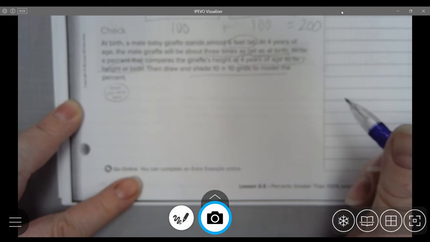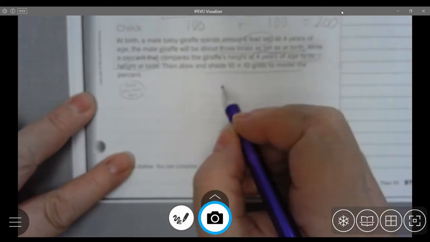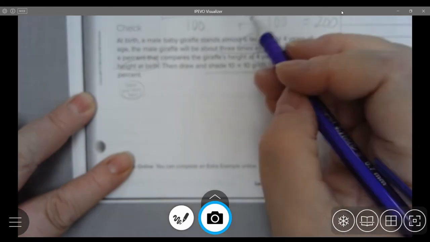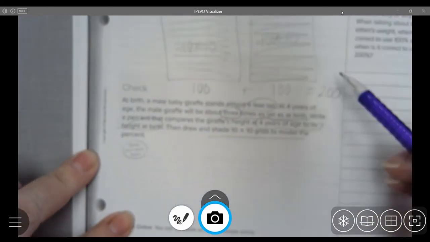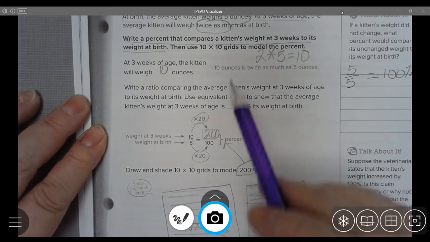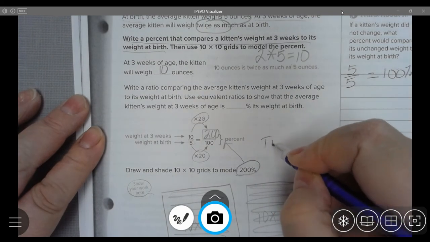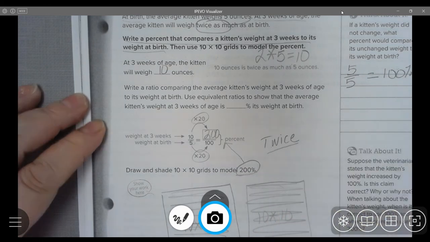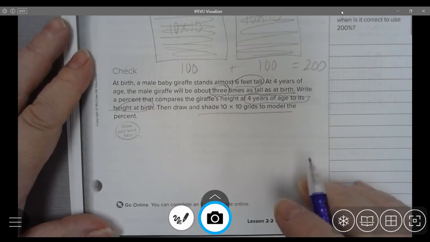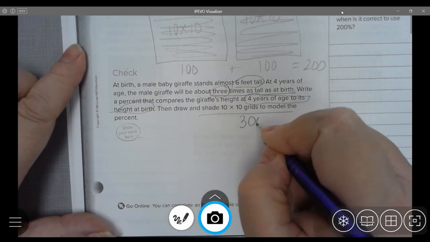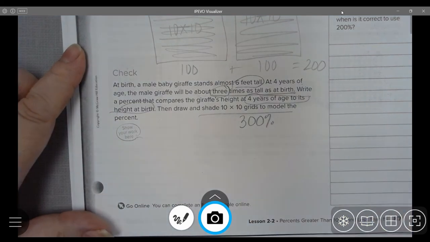So if we are starting out at 6 feet and then 3 times as much, let's go back to example 2, where it said twice as much. And if we did twice as much, we found that it was 200%. If it says 3 times as much, we would be looking at 300%.